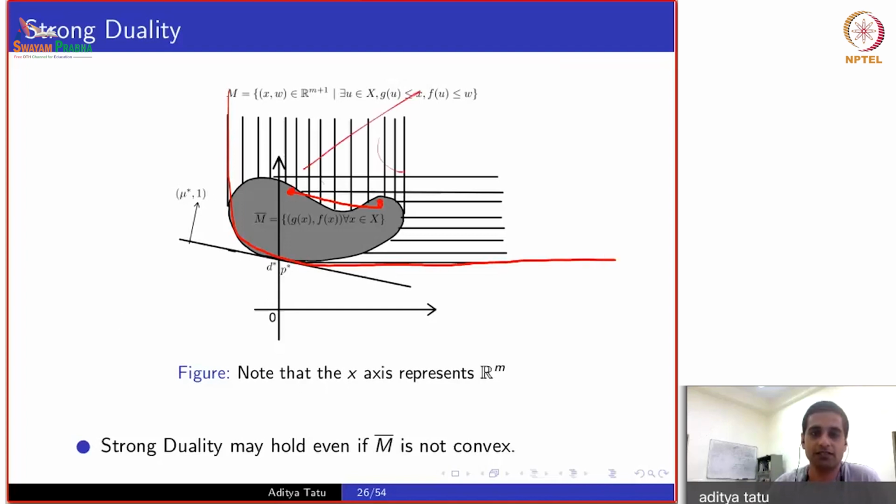It is convex. Okay, so in this case, you can see d star and p star are equal. So strong duality may hold even if M bar is not convex. The main thing is we need to worry about the bottom part of M bar. If that looks fine, then your strong duality will hold irrespective of what happens on the top.